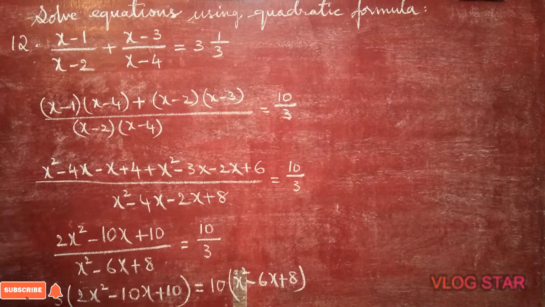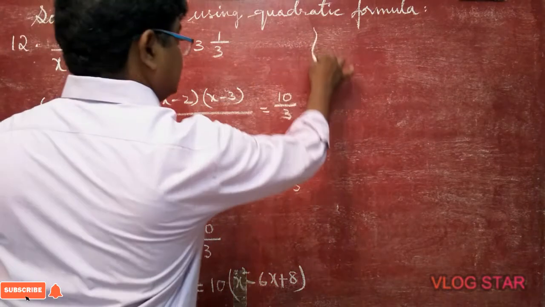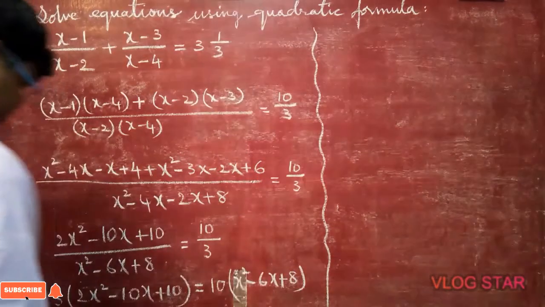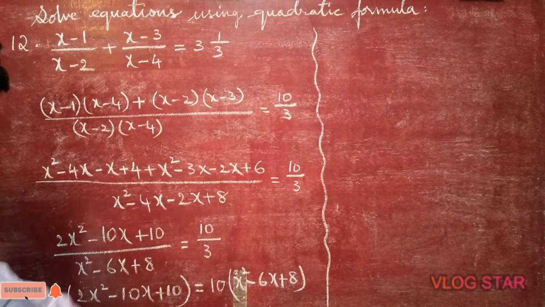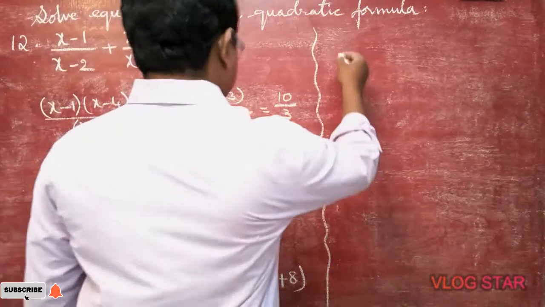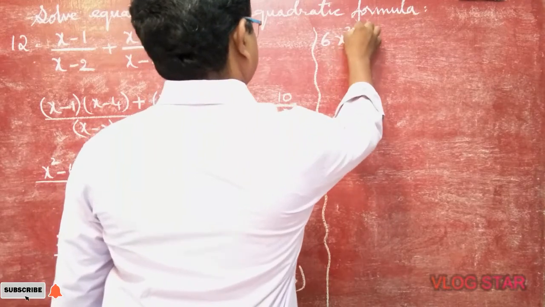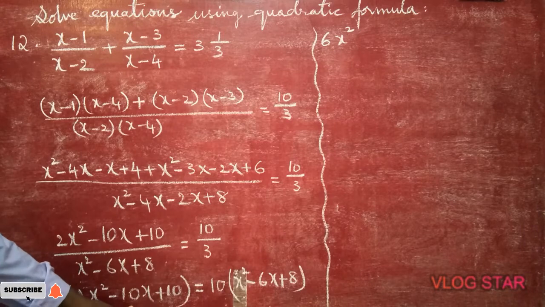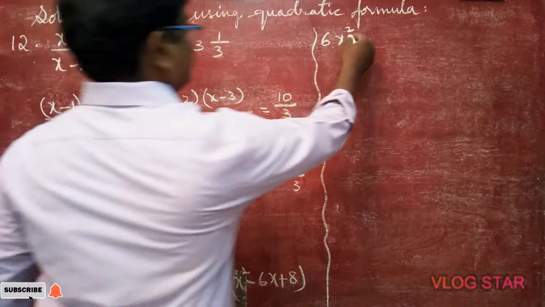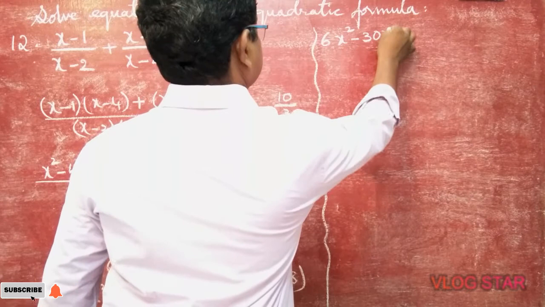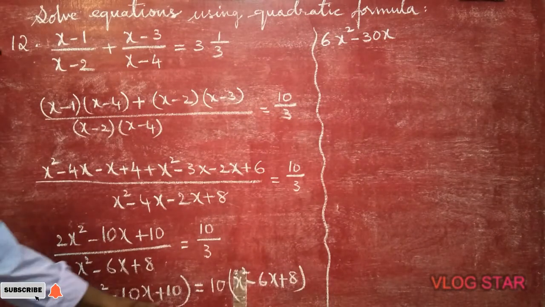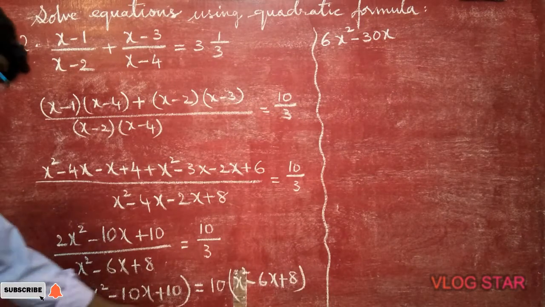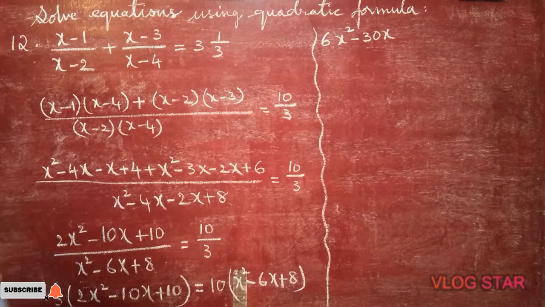Still we did not get it; we are going on doing. So now multiply with 3: 3 2s are 6, 6x square; plus into minus, minus; 3 10s are 30x. So minus 30x; plus into plus, plus; 3 10s are 30.